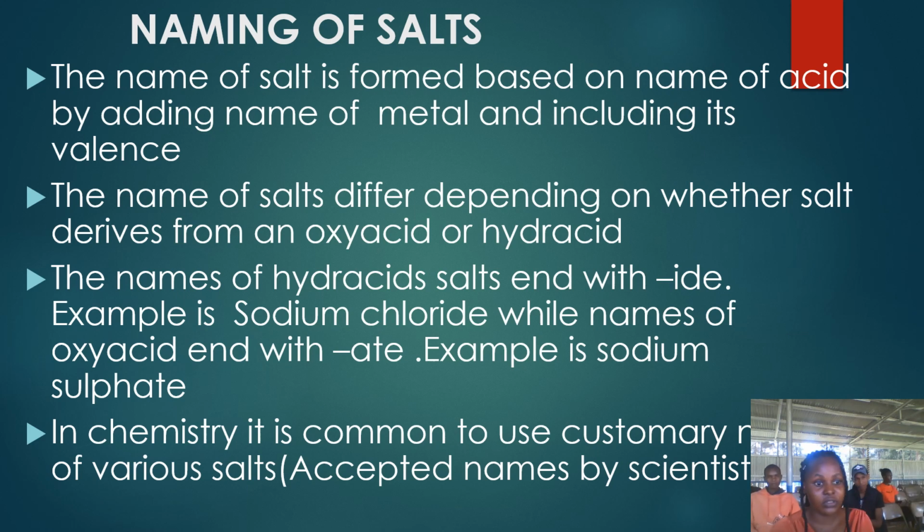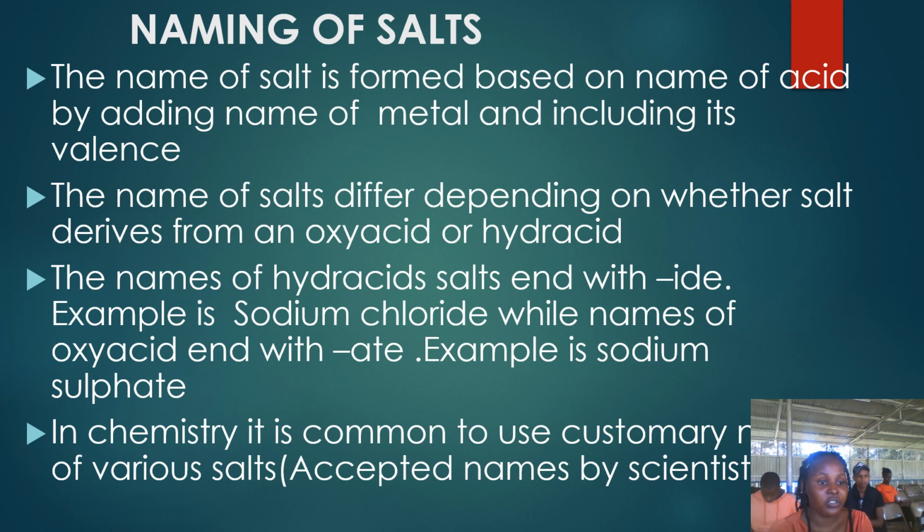In chemistry, it is customary to name salts in a standard way. The name of a salt consists of two parts, the cation followed by the name of the anion. Here are some rules to follow when naming a salt. Rule 1: for binary ionic compounds, salts composed of two ions, the name of the cation is written first, followed by the name of the anion.